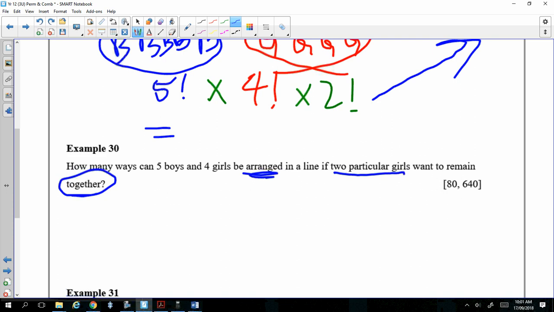The 9 people together, and there are 2 people. But then how do you know where to put the 2 girls?